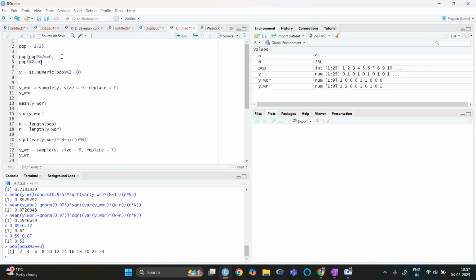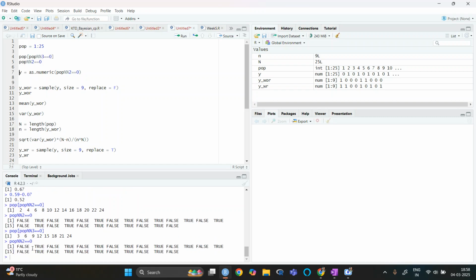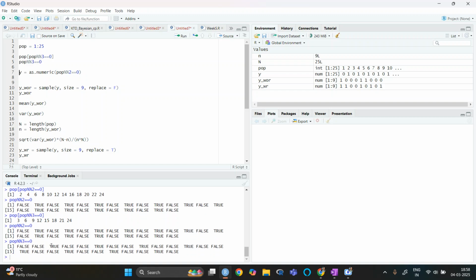Right now it is creating false true false true, but if I do this by 3, it is creating false false true false false true false false. So it is creating like by 2, and if I give any condition it will give in that way. But right now writing this for 100 is a tough task, right?